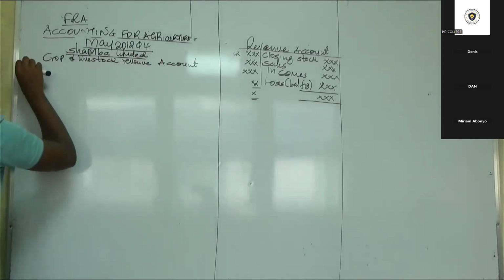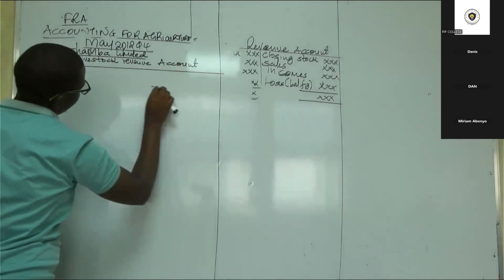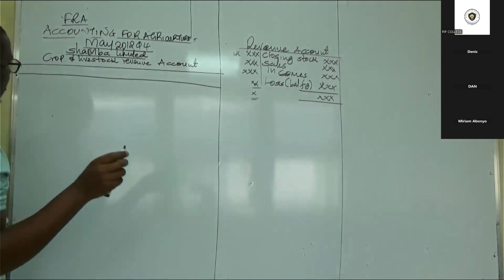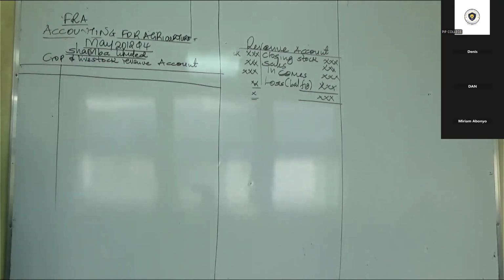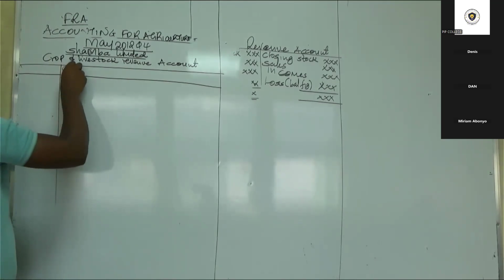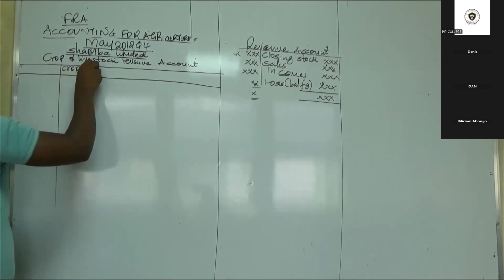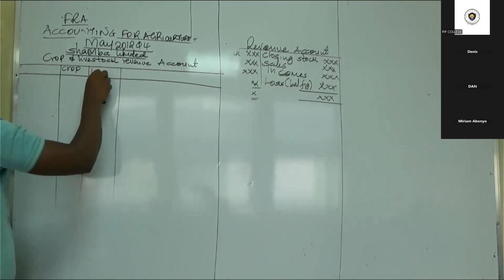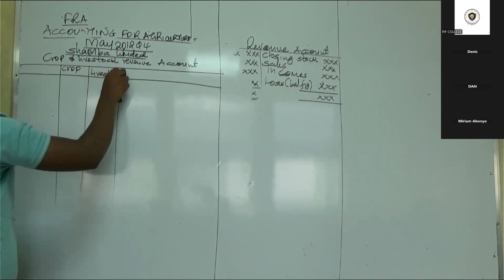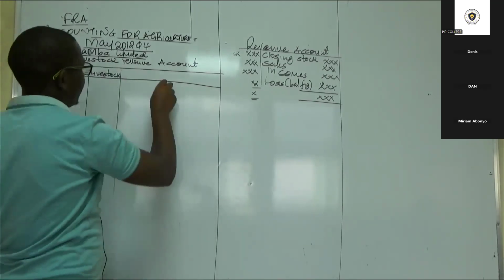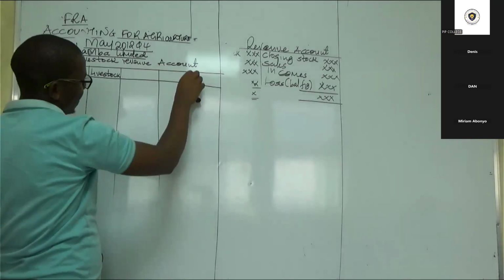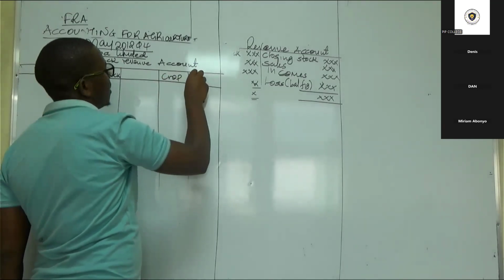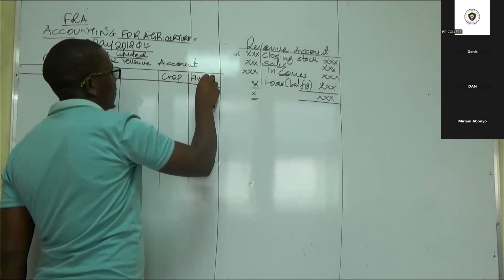In columnar format, meaning that I need to have the debit side, and I'll also need to have the credit side. On the debit side here we'll have for the crop, and I will also have for the livestock. The other side will also have for the crop, the credit side, and for the livestock.